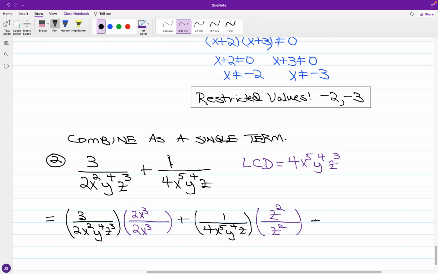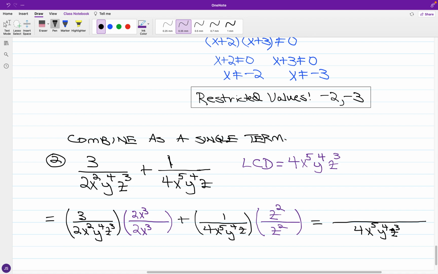Looking at consolidating, both denominators: 2 times 2 is 4, x to the 5th, y to the 4th, z cubed. Likewise over here, 4x to the 5th, y to the 4th, z times z squared is z cubed.